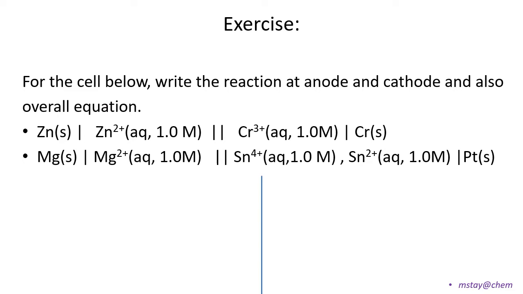Okay, let's look at the exercise. For the cell below, write the reaction at the anode, the cathode, and also the overall equation. As in the previous example, the anode is at the left hand side, so zinc loses 2 electrons to produce Zn2+.